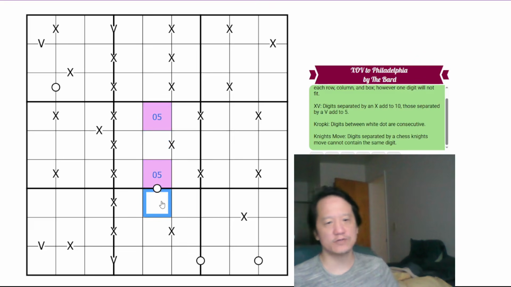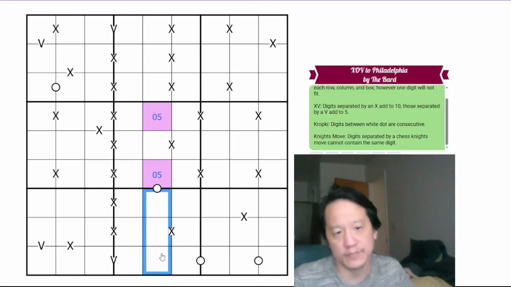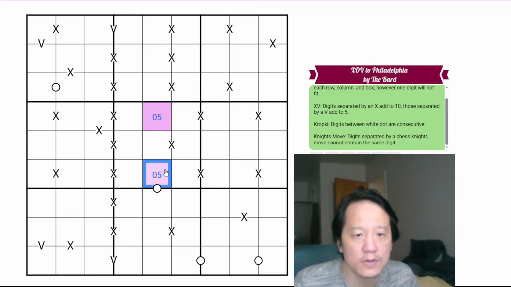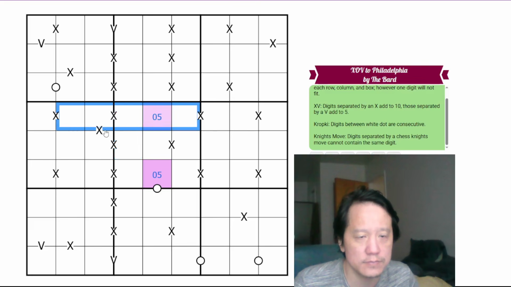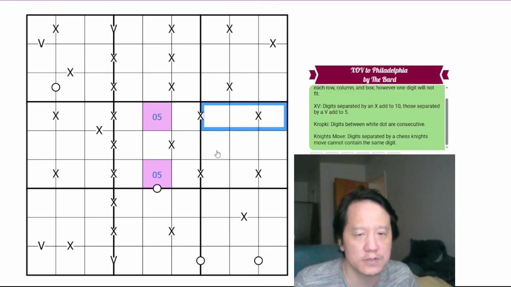That eliminates 0 and 5 in the rest of the column. What else do we have? Do we have it anywhere else? Not particularly.